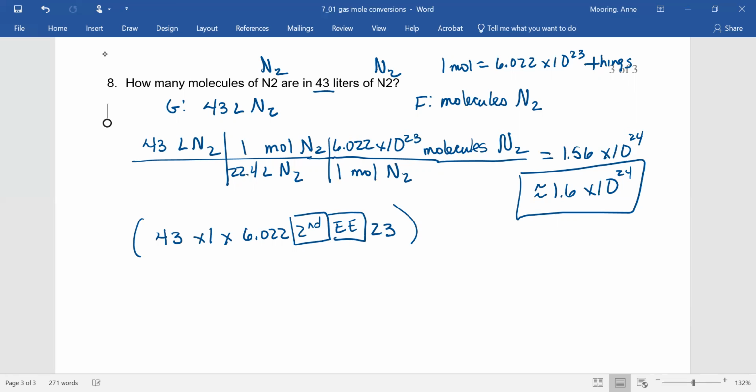All of this has got to be in parentheses. Then you're going to divide it by 22.4, and you could or could not multiply it by 1. It will give you the same answer. Okay, so a lot of this should have looked very familiar. All we did is add that 1 mole equals 22.4 liters at 0 degrees Celsius and 1 atmosphere.